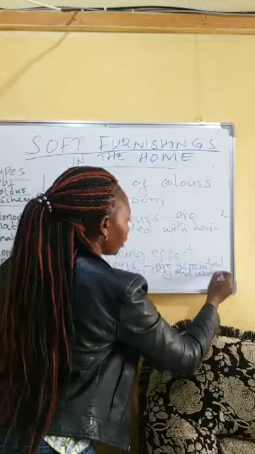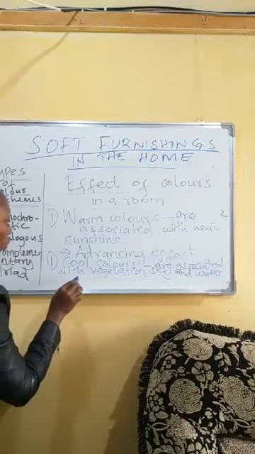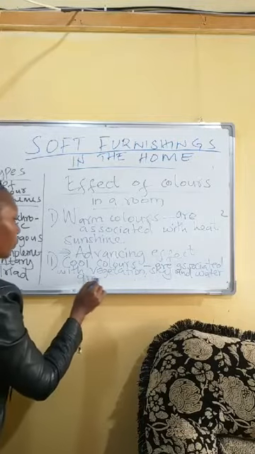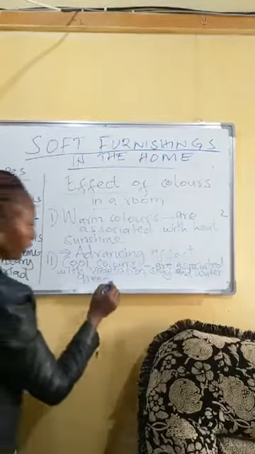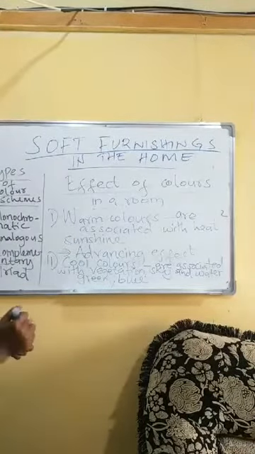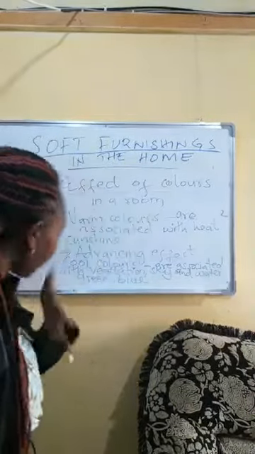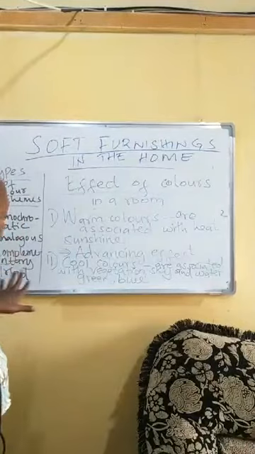So vegetation, the sky, and water. So here we can have examples of green. Of course, you know green represents our vegetation. Then we have blue for our water and the sky. So these colors tend to have a very peaceful effect when you use them in the house.